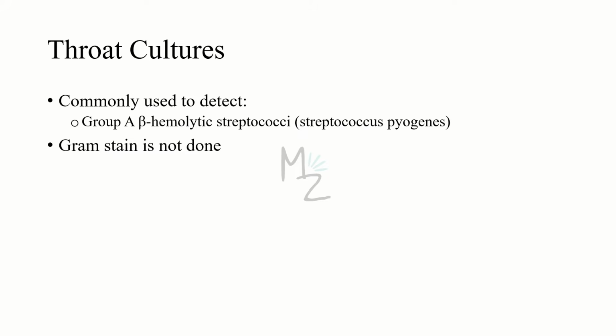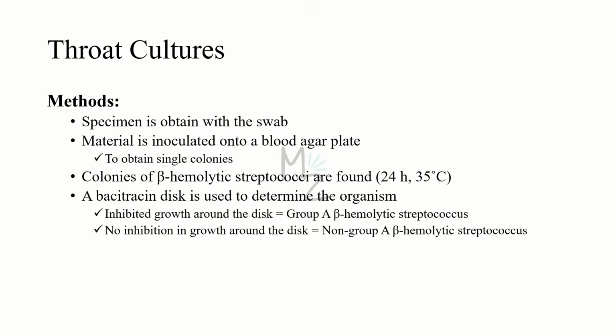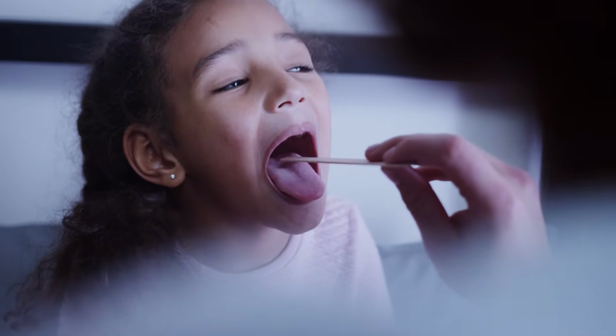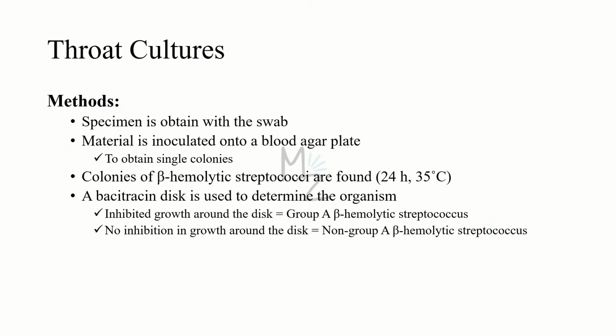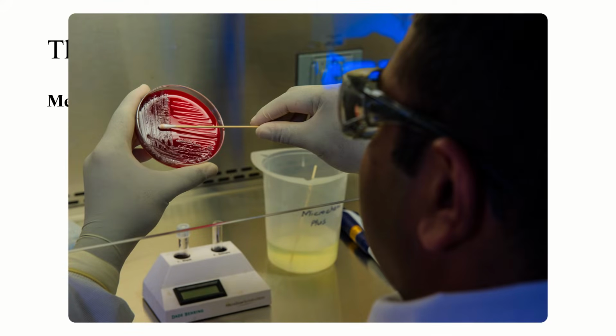Gram stain is typically not done on throat swab because it is impossible to distinguish between the appearance of normal flora streptococci and Streptococcus pyogenes. Method. When the specimen is obtained, the swab should not touch only the posterior pharynx but also both tonsils and tonsillar foci as well. Material on the swab is inoculated onto a blood agar plate and streaked to obtain single colonies.